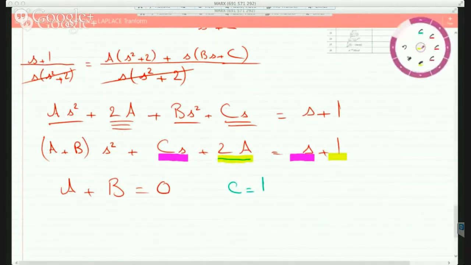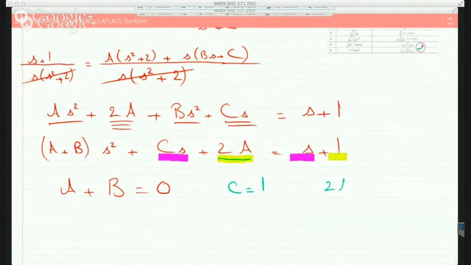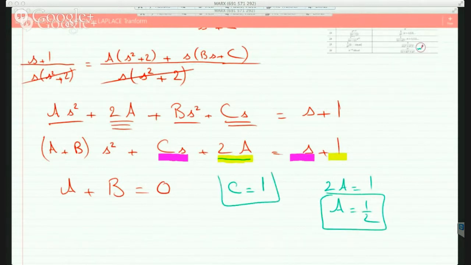So that just means 2a equals 1, which makes a a half. And b is just minus a. So b is minus half, according to this equation here.